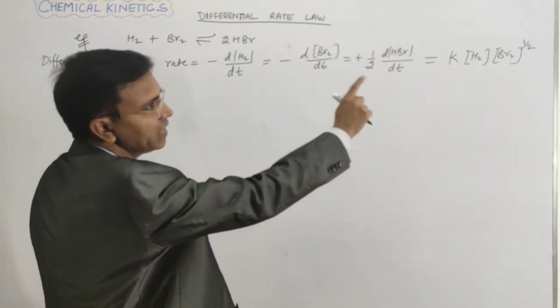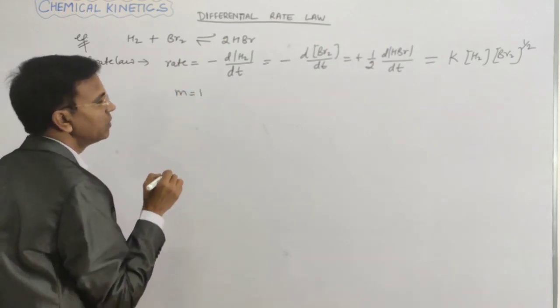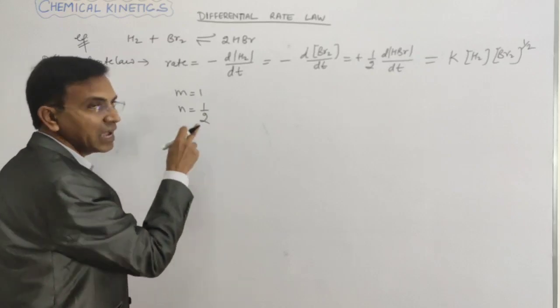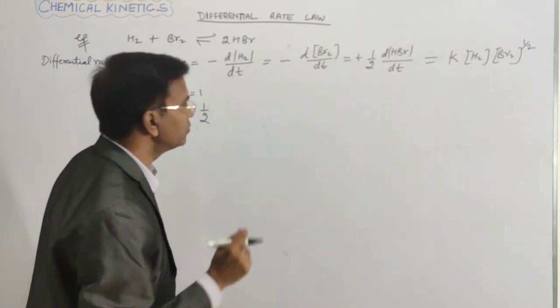If you are observing here, the value of m is 1, but the value of n is 1 by 2, and it is experimentally calculated for the given reaction H2 Br2, right?